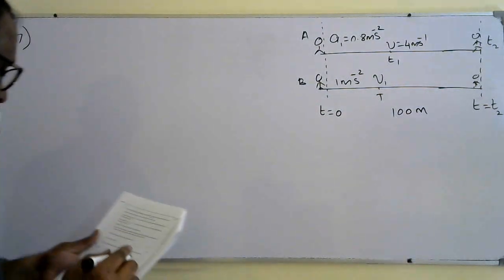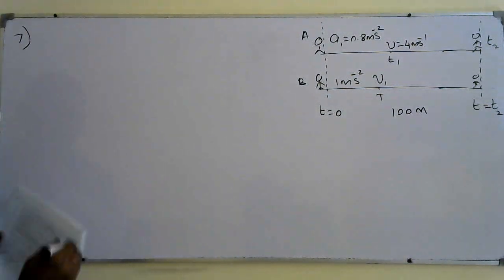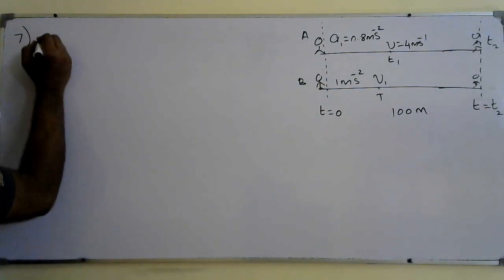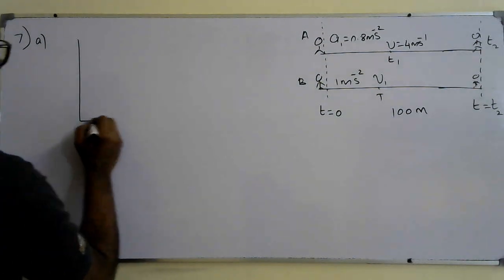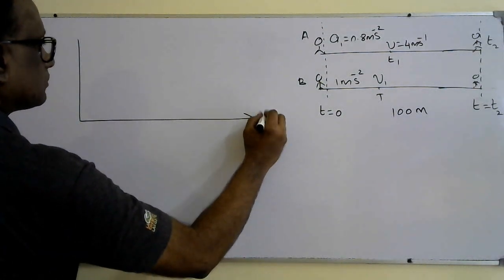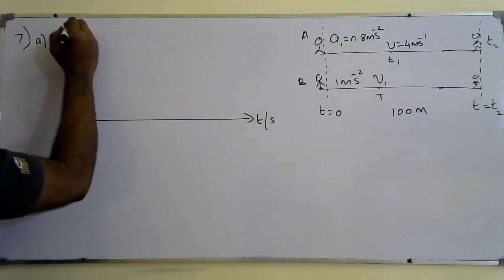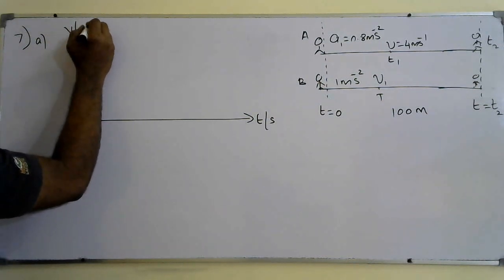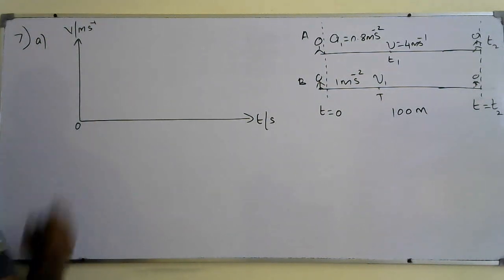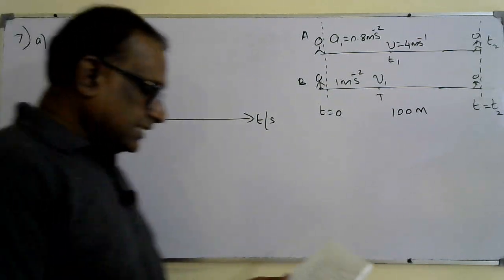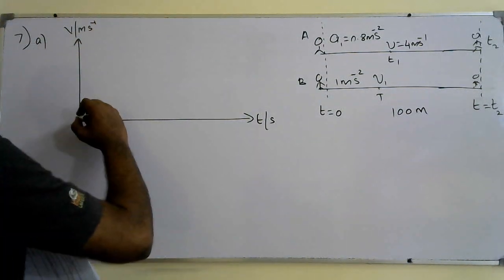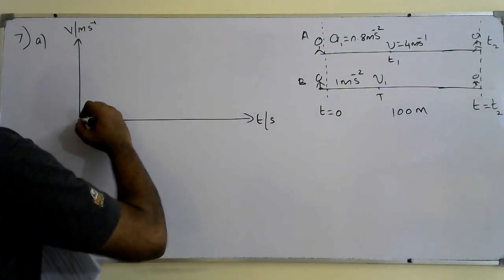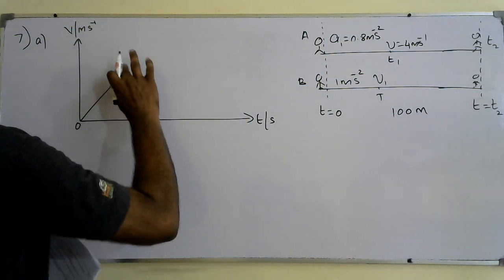So if I draw for Ajas first, the graph A part, we have to draw a speed time graph. Speed, so I can say v meter per second. He is accelerating at 0.8 meter per second squared and gaining a speed of 4 meter per second, so a straight line.